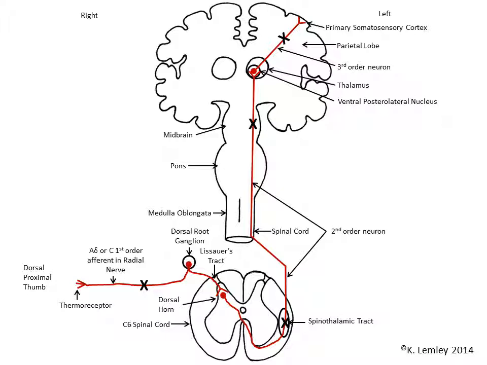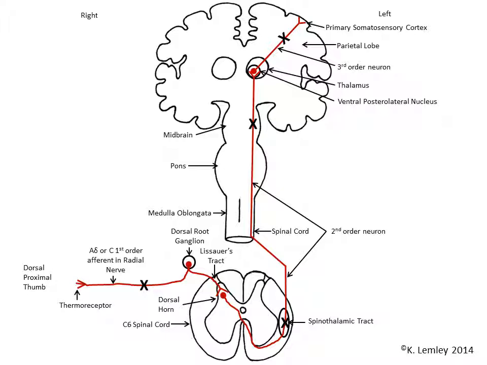But if the injury is further down in the cerebrum, if it's deeper, where I'm going to have a bunching up of all of these third order neurons before they fan out across the cortex, I might see a much wider loss of temperature sensation.